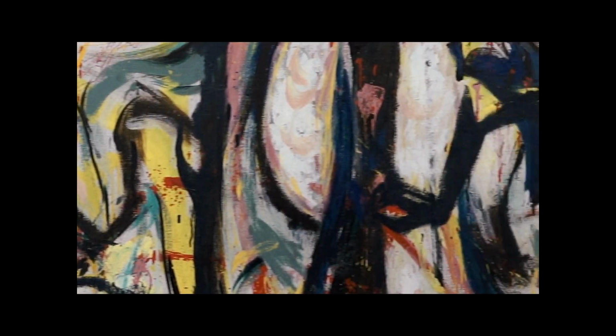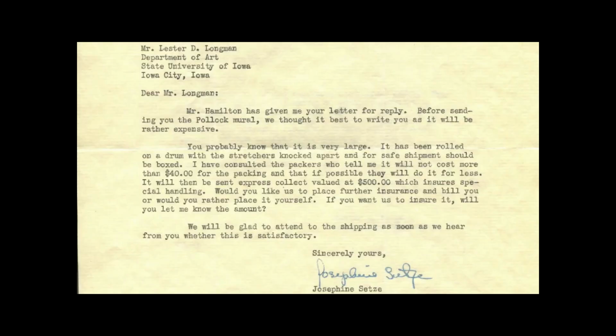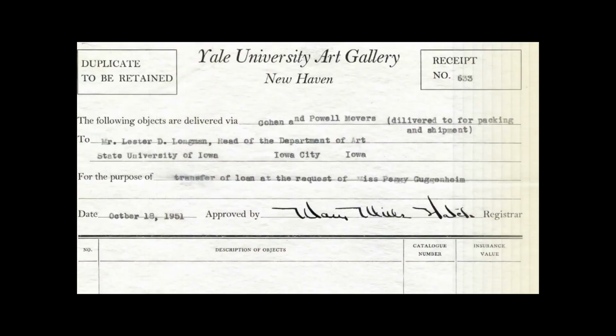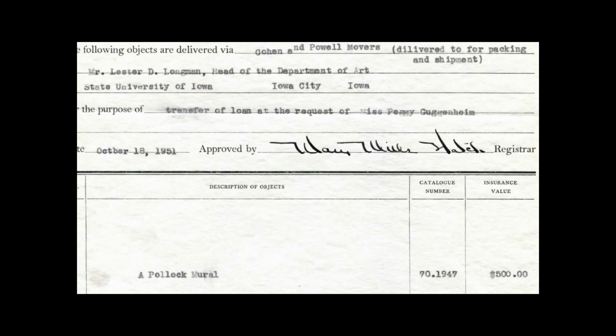It took a few more years for Pollock's mural to arrive because the professors argued over the $40 shipping fee, but it eventually arrived. But the key point I want to make is that the works of art were given to the University of Iowa in the late 40s while they were still fresh, and in some cases while the paint was probably still wet.